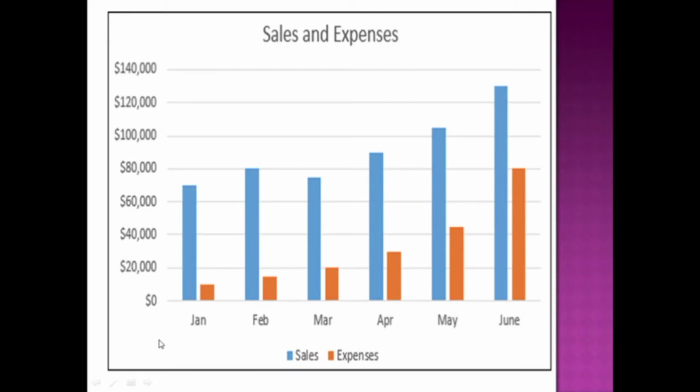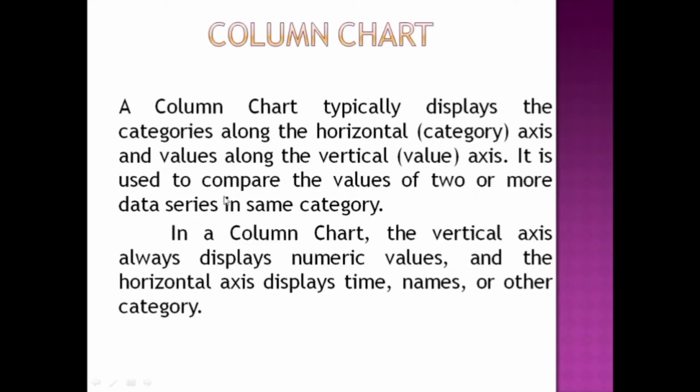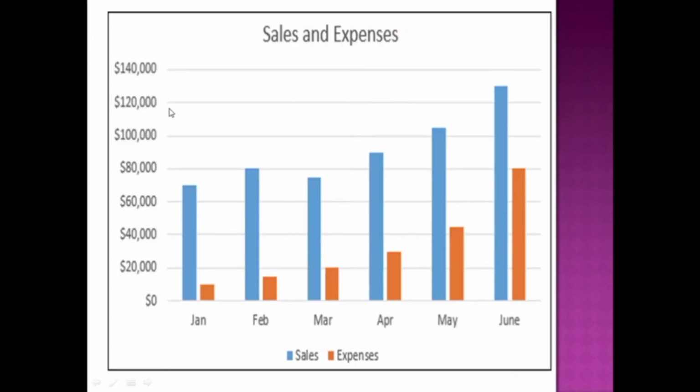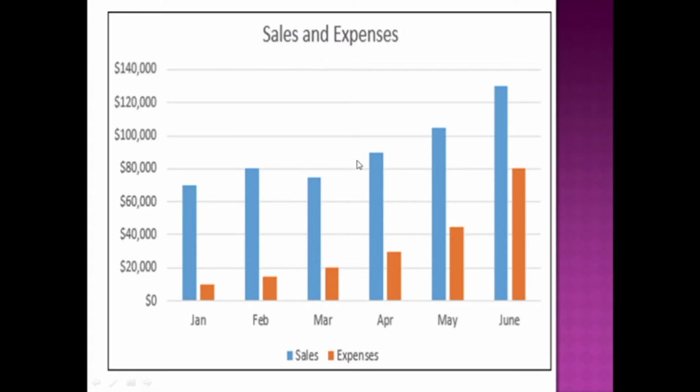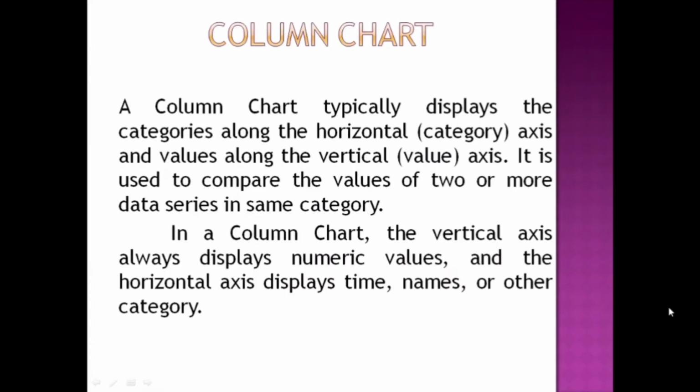This is the vertical one and this one is the horizontal one where the months Jan, Feb are written. Here you have seen the values shown along the vertical axis and the categories along the horizontal axis.